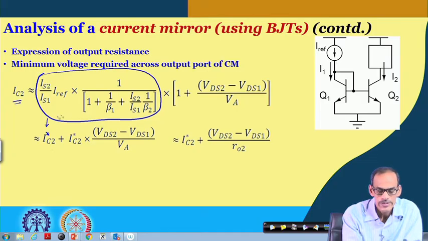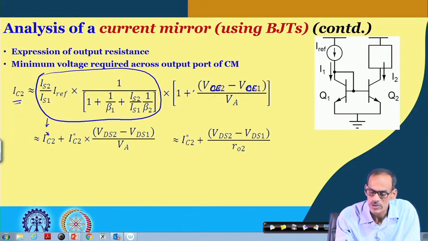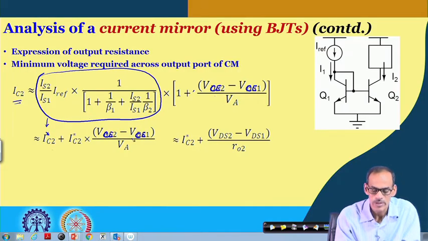So, if I say this is IC star, then we have here IC2 star multiplied by this factor, VCE2 minus VCE1. Again I have repeated this mistake, sorry for that.